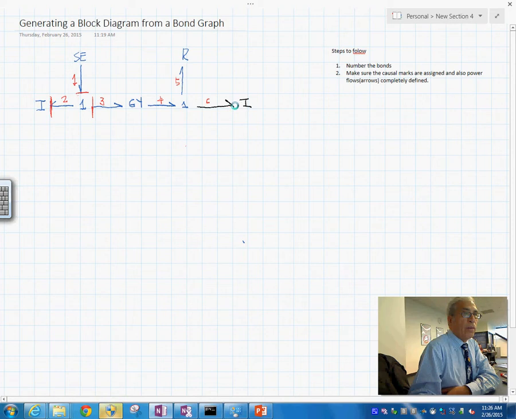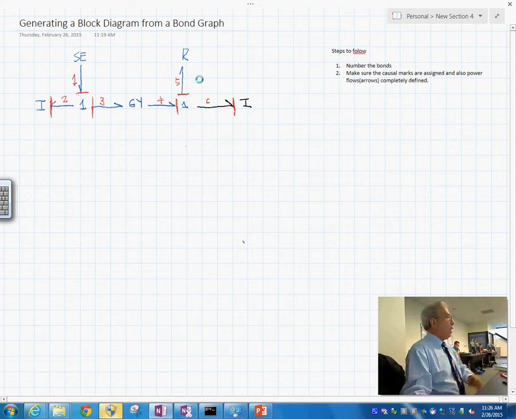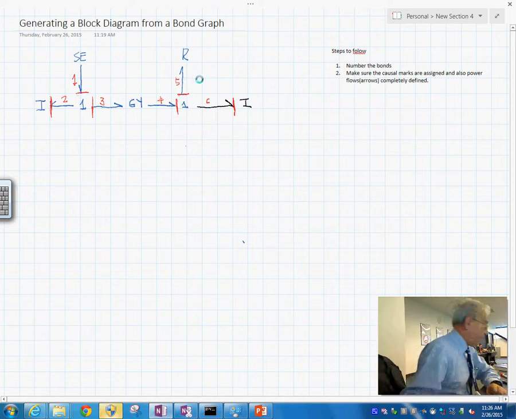Then we go to the other one over here, also in integral form. That determines the flow to this junction, so the others have to be like this. Remember, only one flow per 1 junction, only one effort per 0 junction. And then we have this complete.